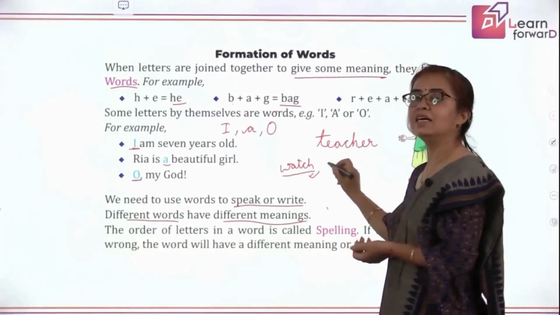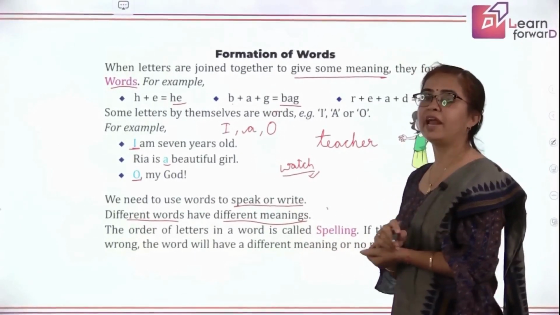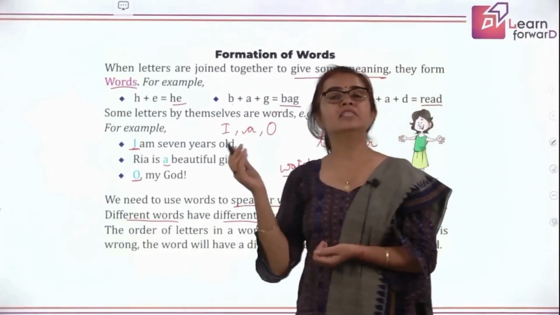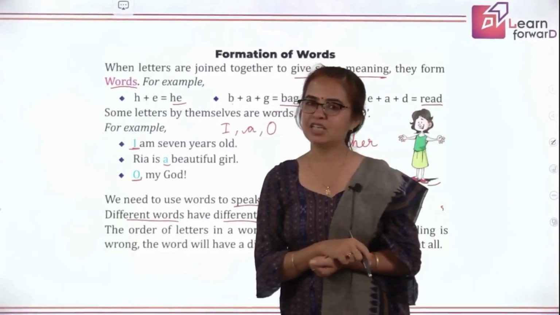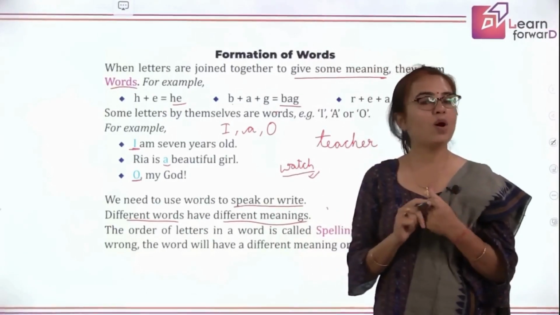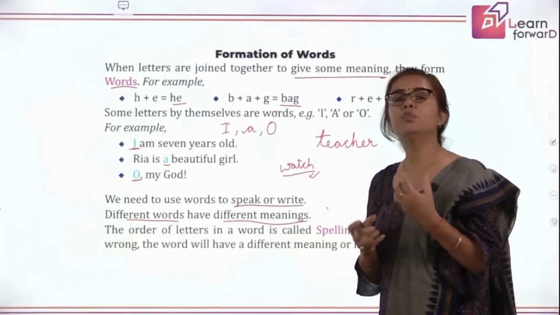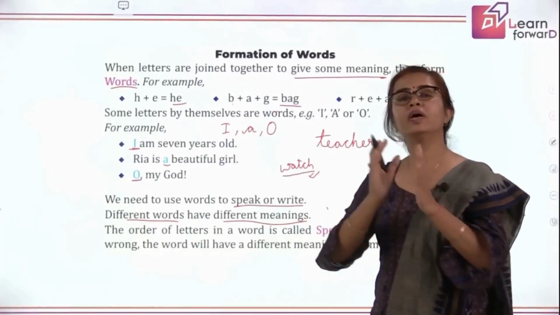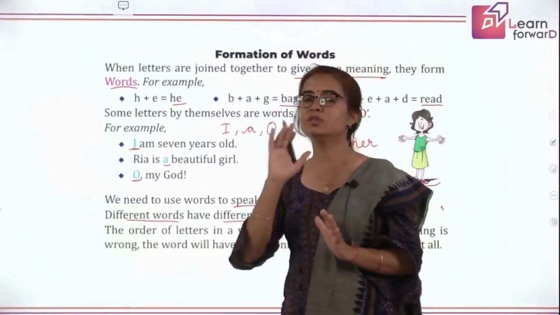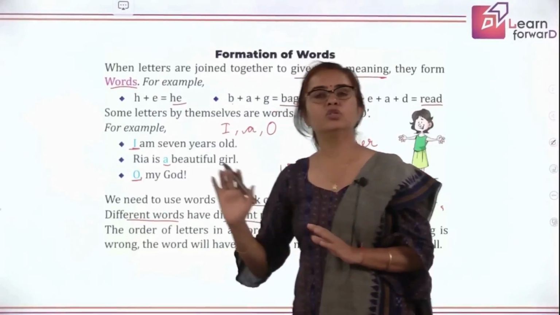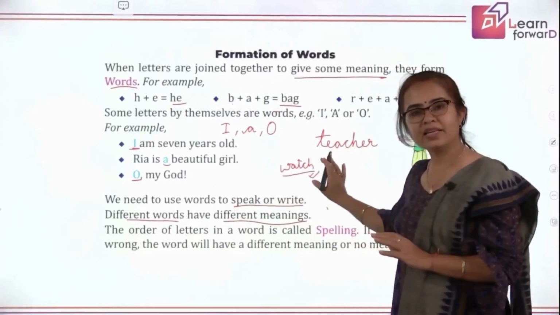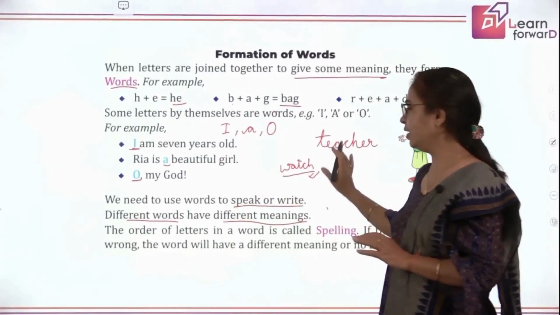This is the spelling of teacher, and we may also say, okay, spell the word teacher. That means you have to tell the spelling of the word teacher. That means to put in the proper order, to write those letters in proper order so that you get the correct word here. Fine.